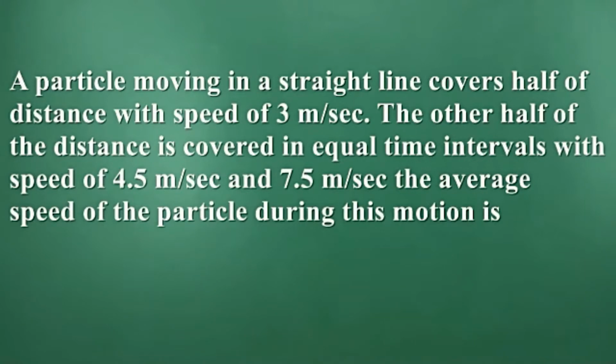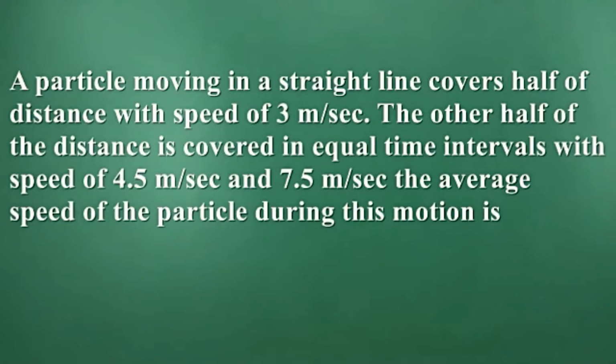Similar to the previous problem. A particle moving in a straight line covers half of distance with the speed of 3 meter per second. The other half of the distance is covered in equal time intervals with the speed of 4.5 and 7.5 meter per second. Then we have to find the average speed.